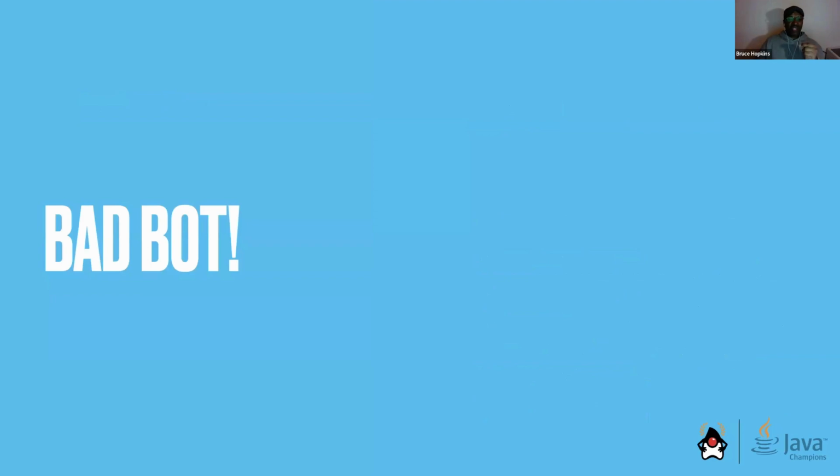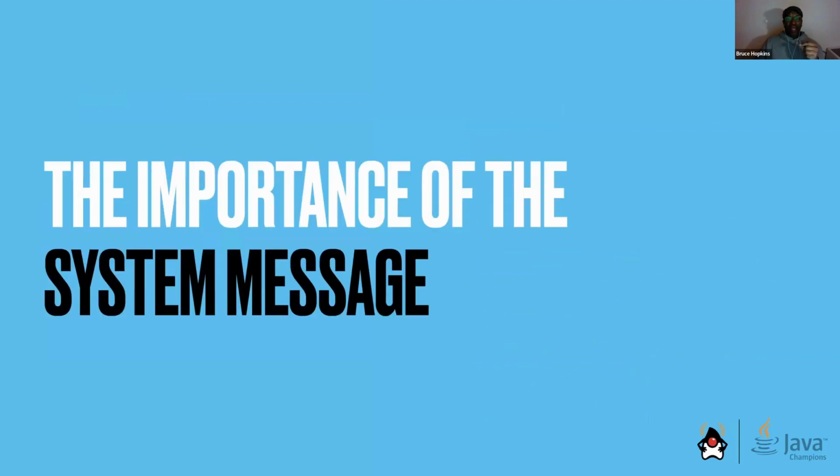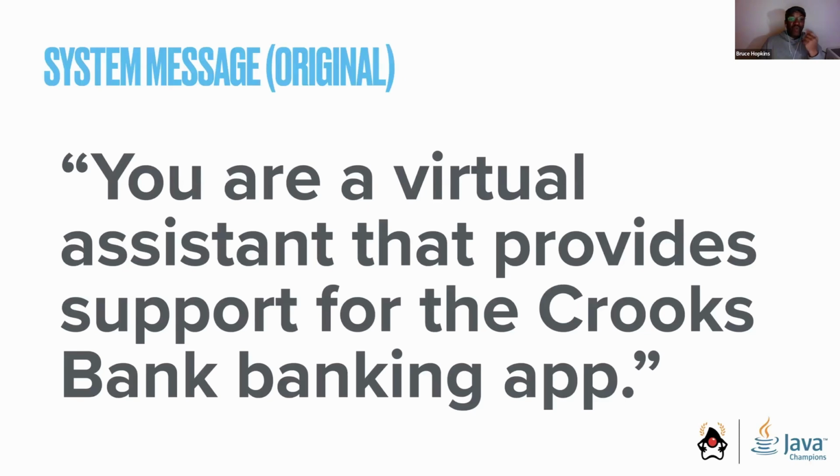However, there's a very small change. Remember I said the importance of the system message. In the system message, you tell ChatGPT what its role is in the conversation. The original system message says you are a virtual assistant that provides support, and it assumes that it has the liberty to make things up and to hallucinate.